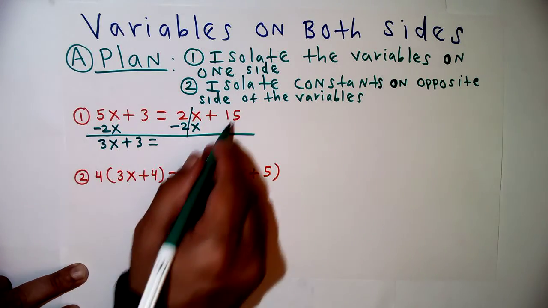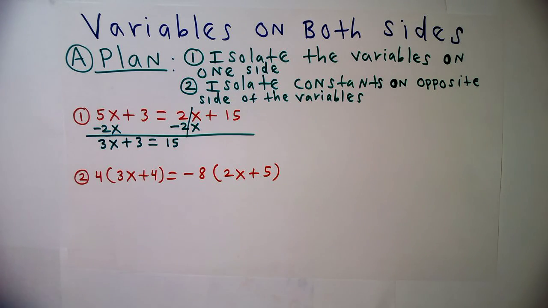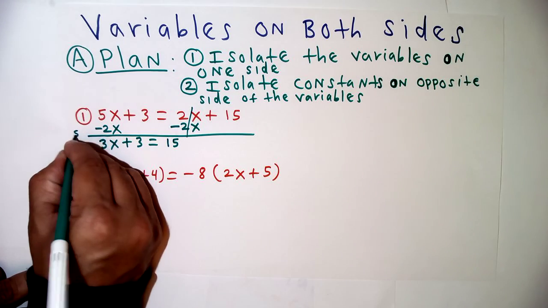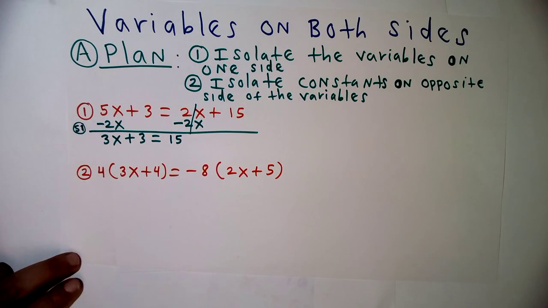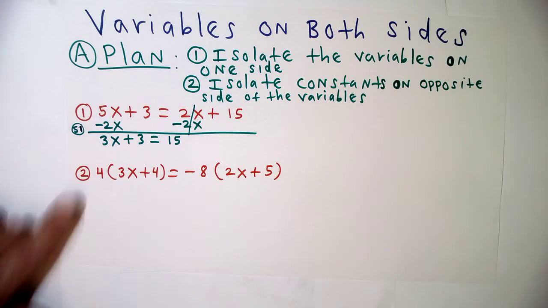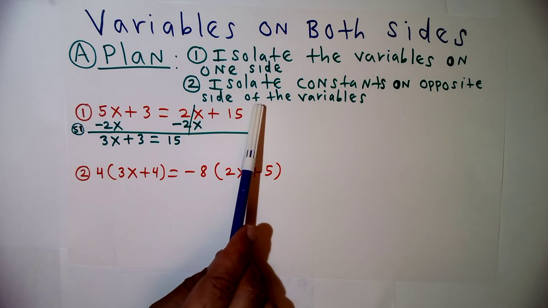This crosses out. And now you have 15. If you notice there, my first step, right? Step one. When I move the variable there, now this is basically a two-step equation. And at the same time, I can still carry out part two of my plan here.